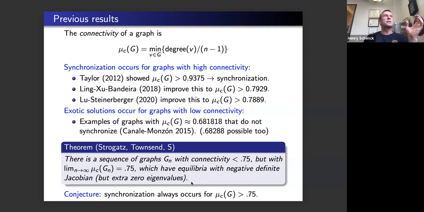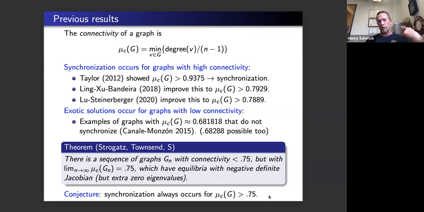Now, the natural question is, is there some theoretical reason for this? No, the basis for the conjecture that connectivity 0.75 is the threshold for synchronization is lots of numerical computations. But there's got to be some really cute theoretical reason for this to be the threshold, but that's the conjecture.